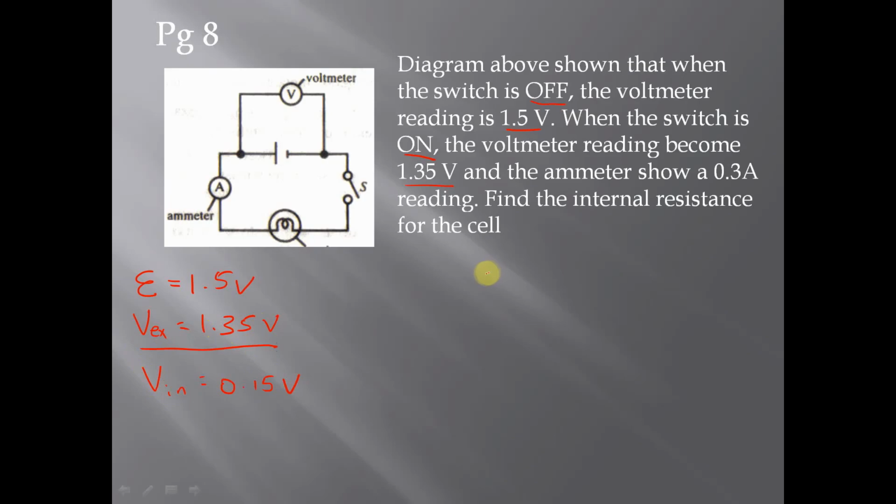The ammeter shows 0.3 ampere, so the current flow is 0.3 ampere. Find the internal resistance, that means find r. I want you to understand that the formula for the EMF is the external plus the internal. But it doesn't mean that every time we use the whole formula.